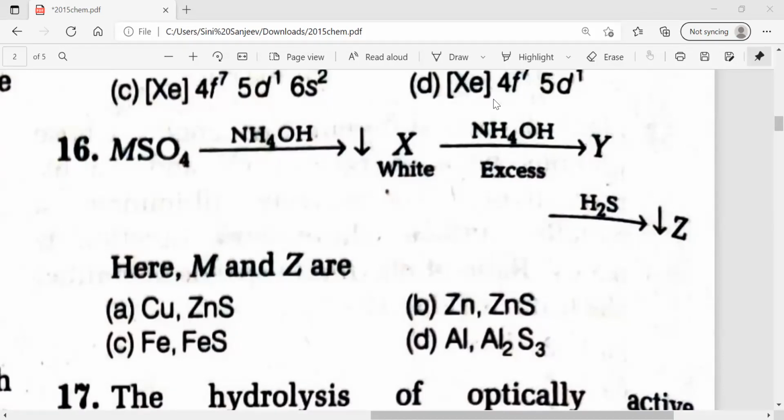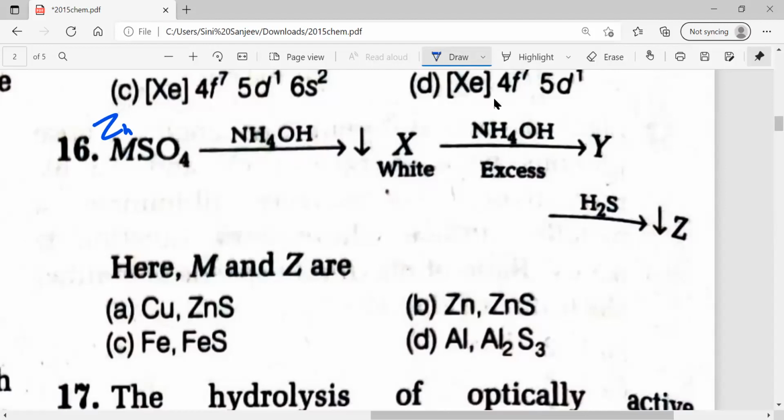So 16th one, again, I'm not sure whether this will come, because in the syllabus this has been removed, to be very frank with you. This is again a direct question. This is basically ZnSO4.